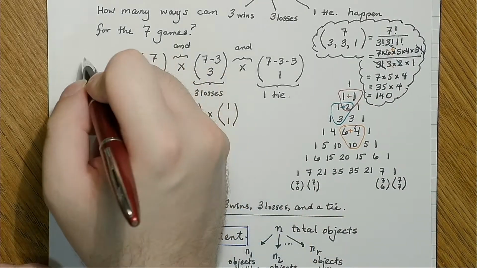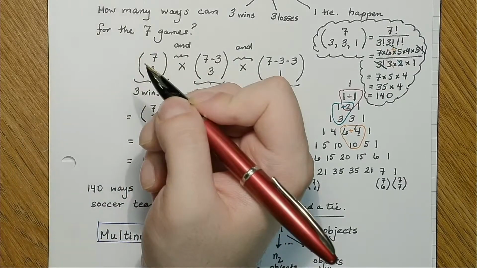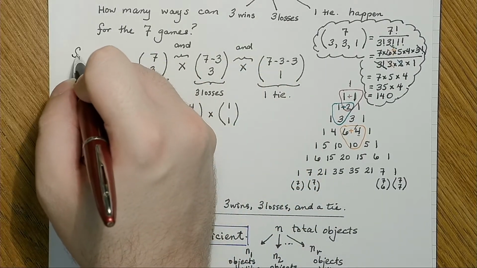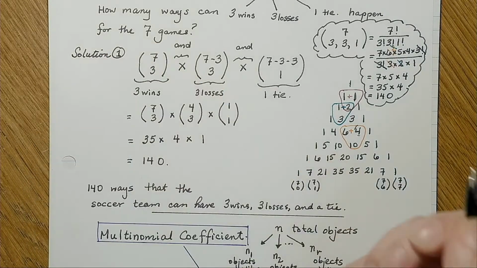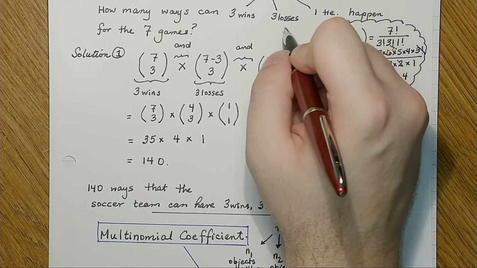So yes, there is lots of ways of counting the same thing. So here is solution 1 that we did. And then over here is solution 2.